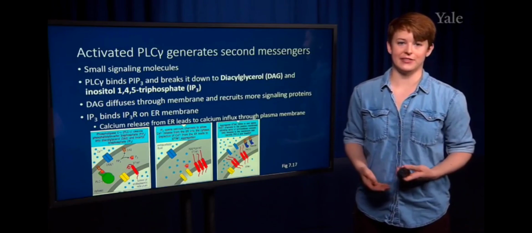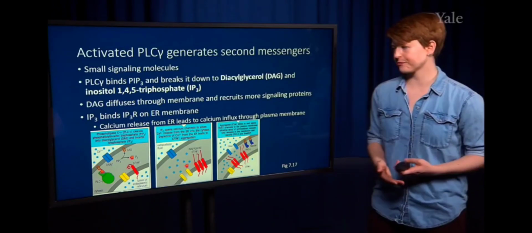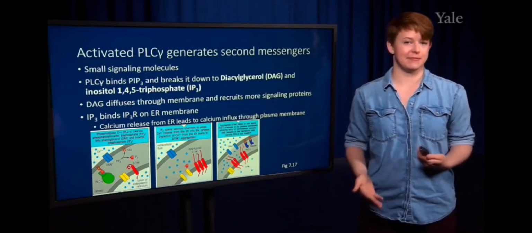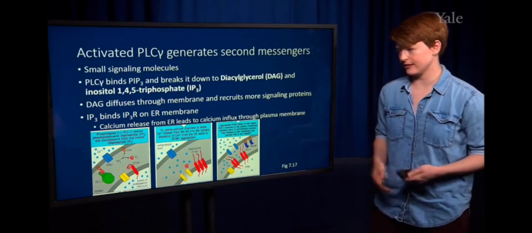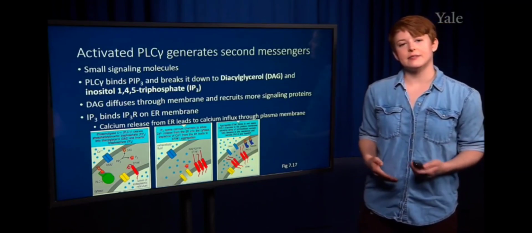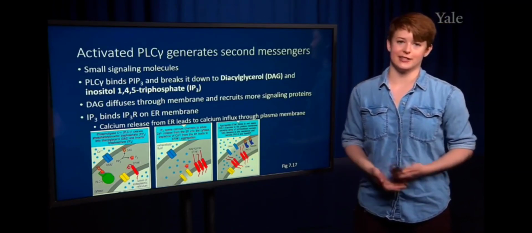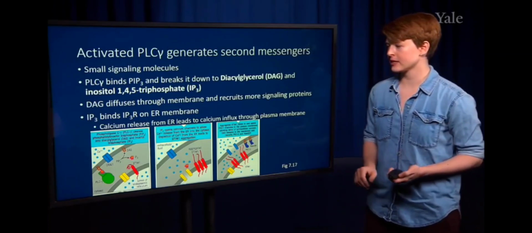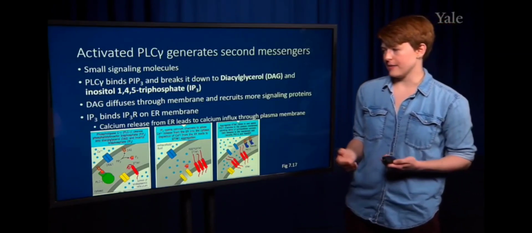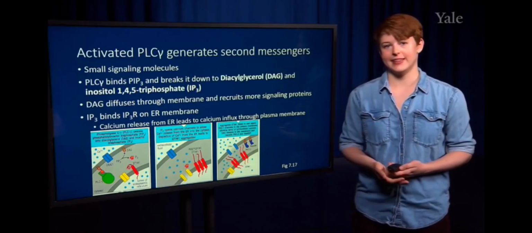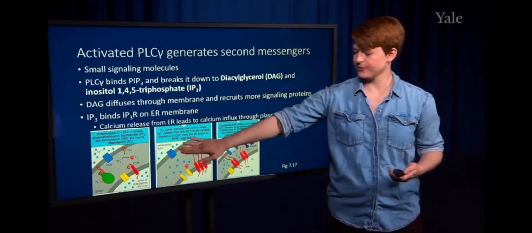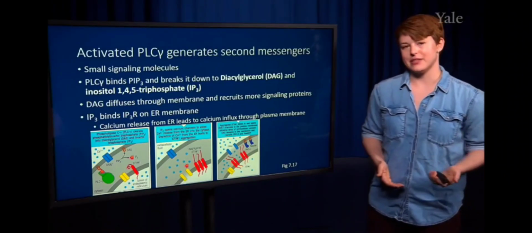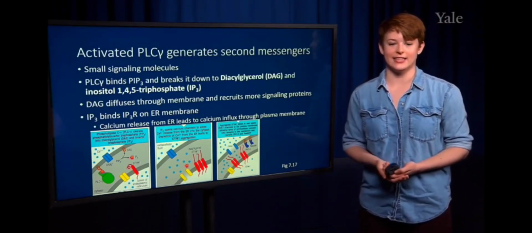signaling. So DAG can diffuse through the membrane. It's a lipid, so it can move through the membrane, and it can recruit additional proteins on the intracellular side of the membrane. So IP3 can also then diffuse through the cytoplasm and bind to the IP3 receptor on the endoplasmic reticulum membrane.